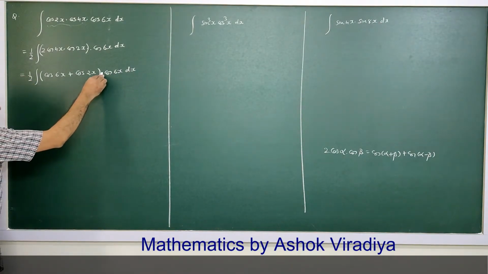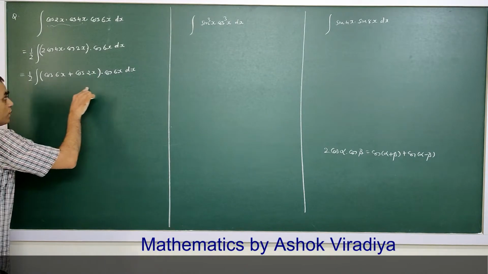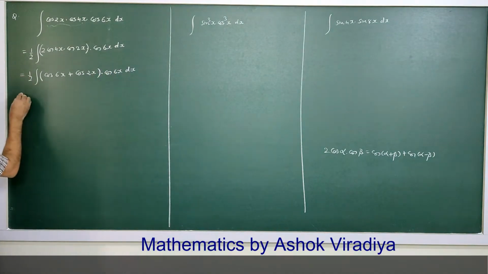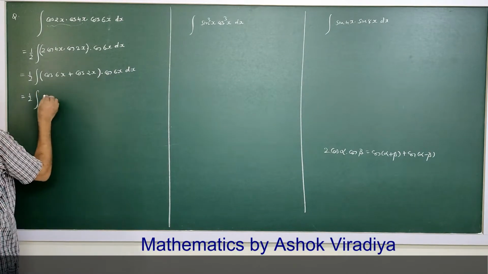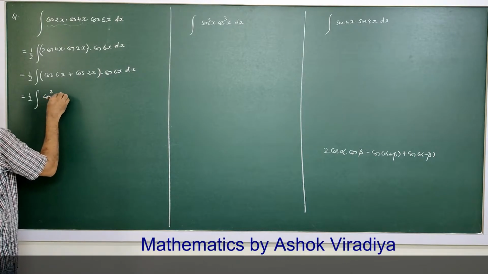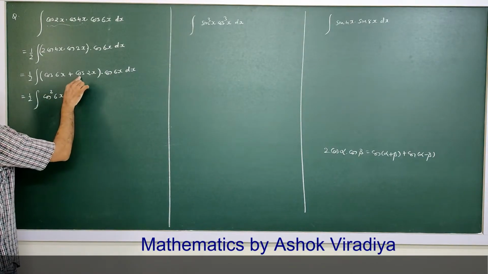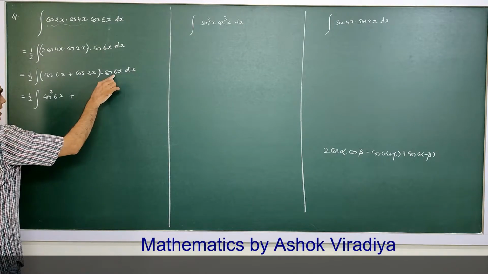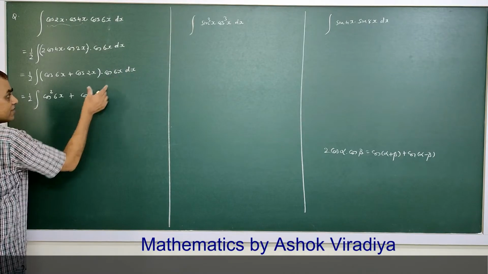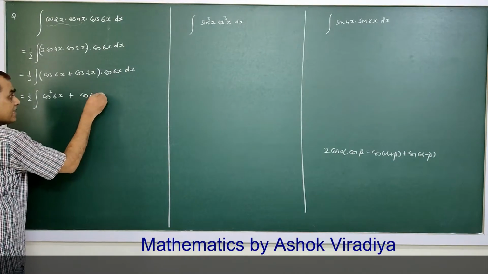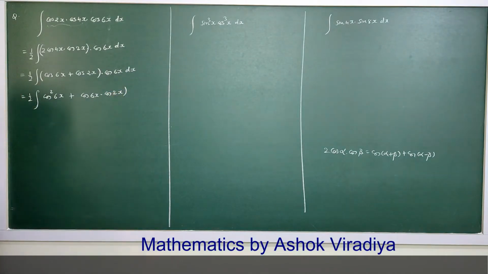So still we have to break this product. For that, now we multiply this bracket, expanding this bracket. This will be cos 6x into cos 6x, cos square 6x plus cos 2x into cos 6x. So cos 6x I keep first and then I keep cos 2x, changing the order in this product.